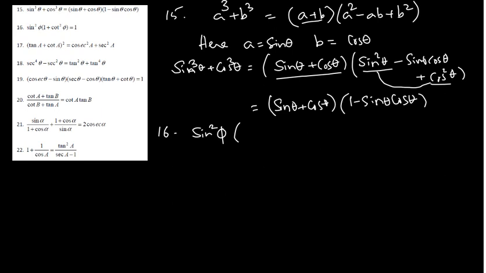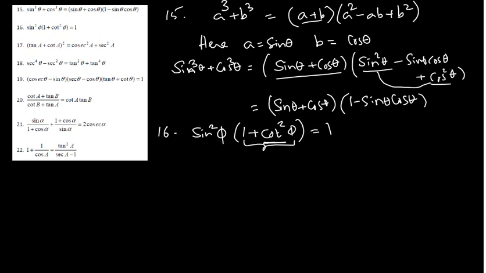So sine square phi times 1 plus cot square phi, we need to show this is equal to 1. This is the only complex stuff, so we need to substitute or look for the identity. This actually is the third identity, identity 3.